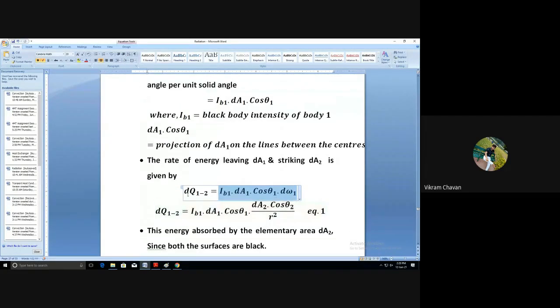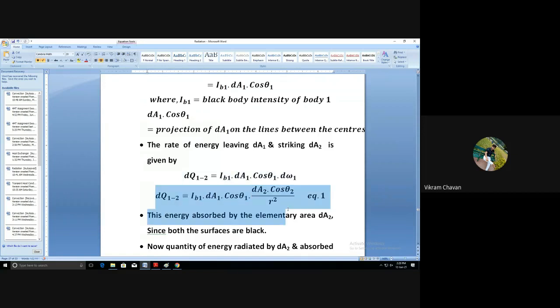So we can write dQ1 to 2, the energy leaving dA1 and striking dA2, as IB1 multiplied by dA1 multiplied by cos theta 1 multiplied by d omega 1, and d omega 1 is dA2 multiplied by cos theta 2 divided by r square. Consider this as equation number 1.